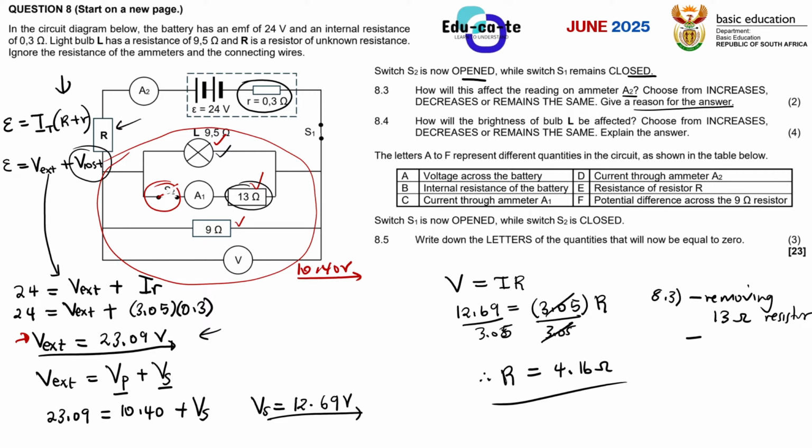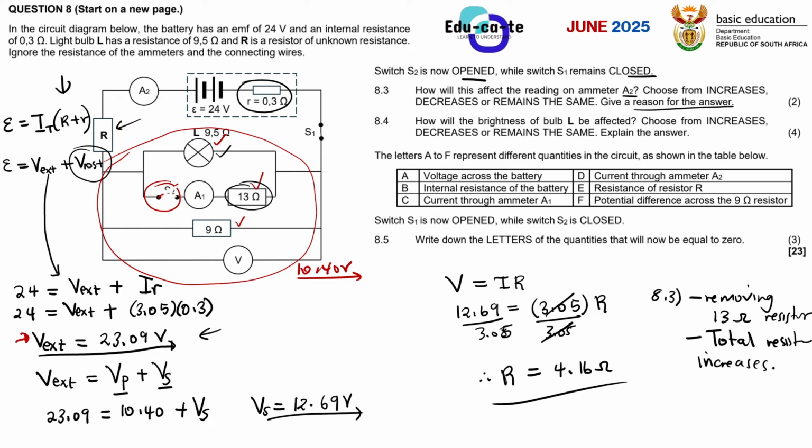I'm sure you hear that well. When you are removing a resistor in parallel, the resistance increases. So you need to say that the total resistance increases.